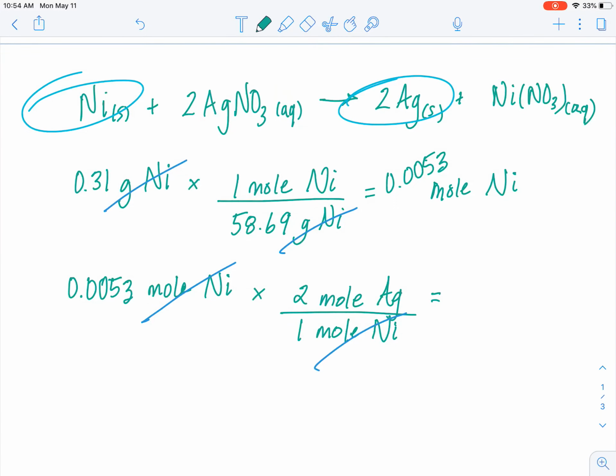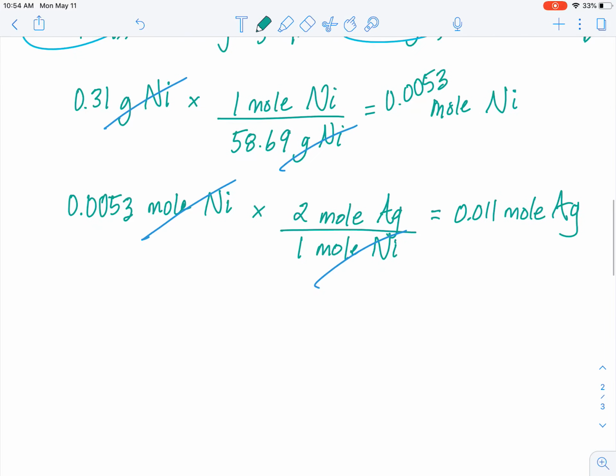So I'm going to have twice as much, 0.011 moles of silver produced in this reaction. So we've gone from mass of nickel to moles of nickel, and then from moles of nickel to moles of silver through the balanced chemical equation.